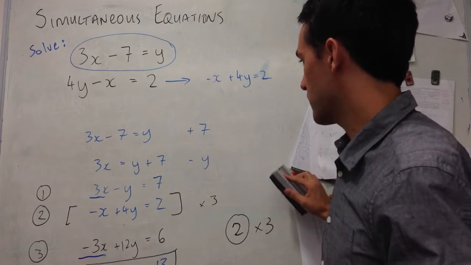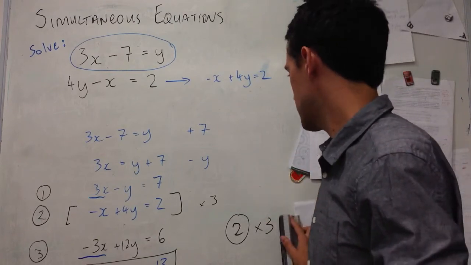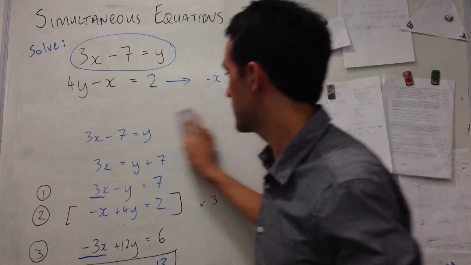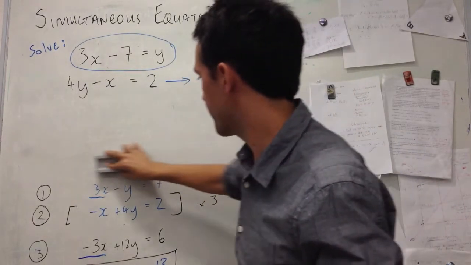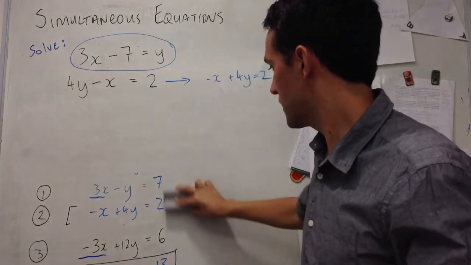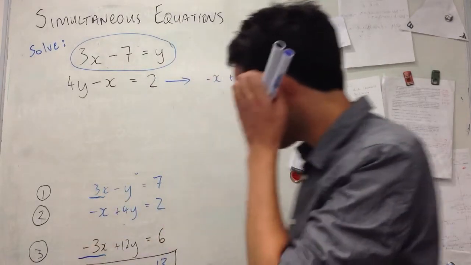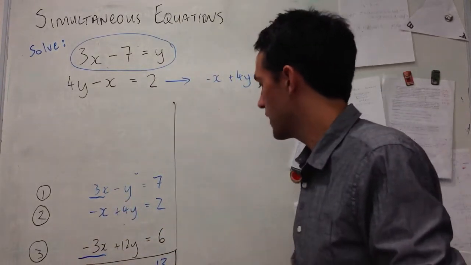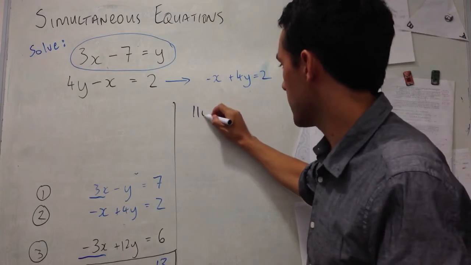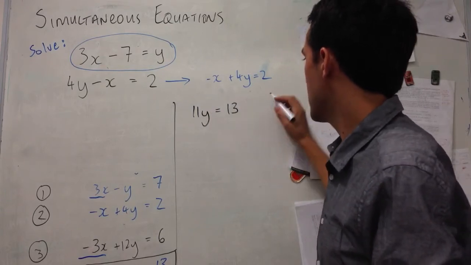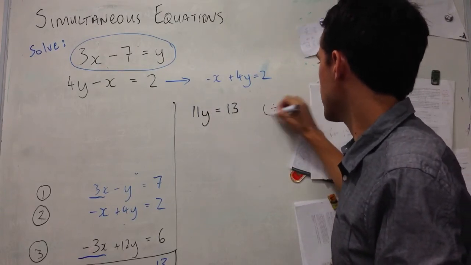So let's move up a little bit. So now I've got 11y equals 13. I'm going to divide both sides by 11.